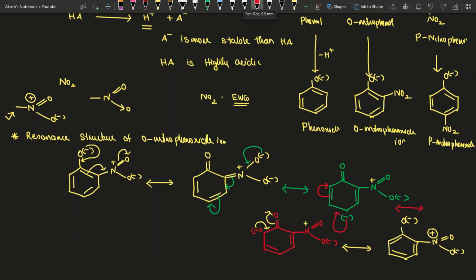How is the negative charge withdrawn? The negative charge is withdrawn by resonance. That is why we say the minus R effect of the NO2 group, because it is not pulling the electron cloud by induction, rather it is pulling that particular electron cloud by using the process of resonance. Okay, minus R effect. You can see the minus R effect here. Clear?